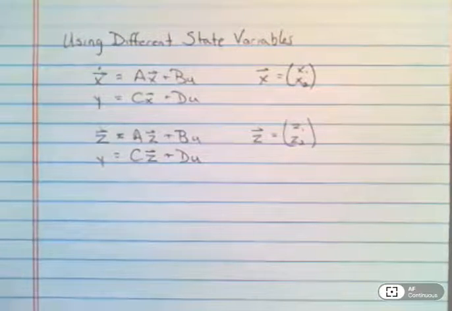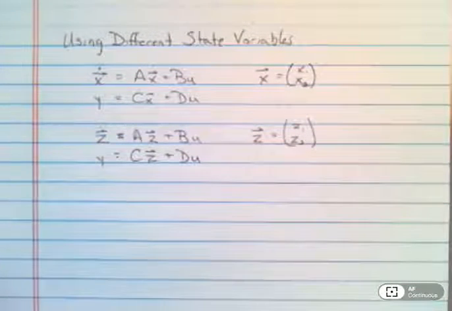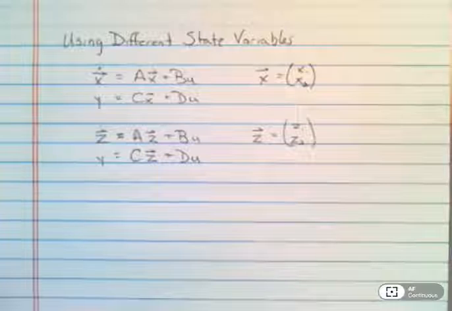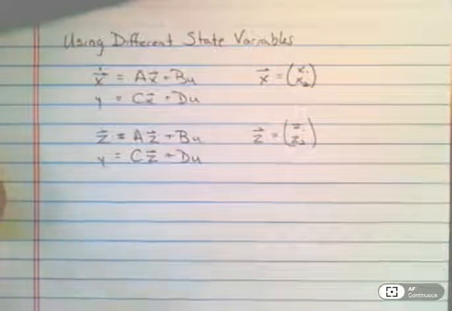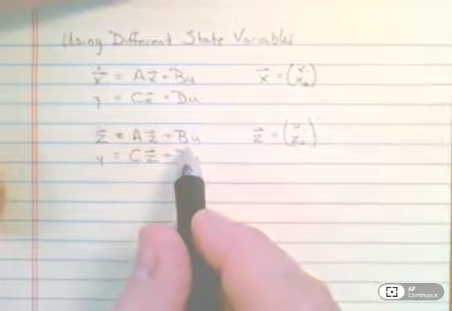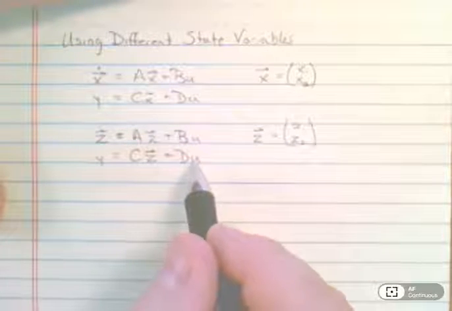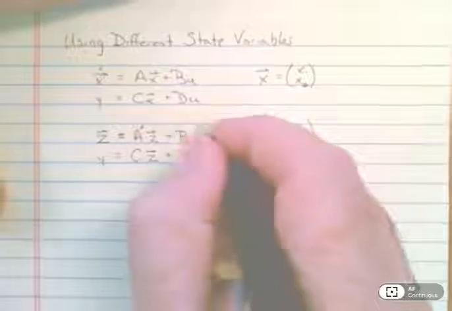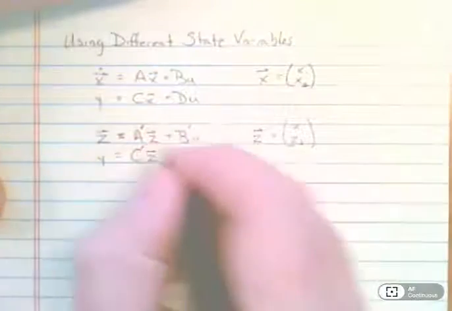We do this because my x vector is different than your z vector. The ABCD that I get is most likely going to be different than the ABCD that you get. And so I'm going to call yours ABCD prime because of that.